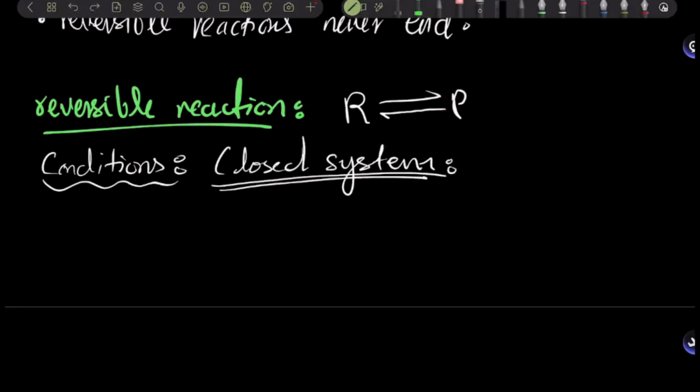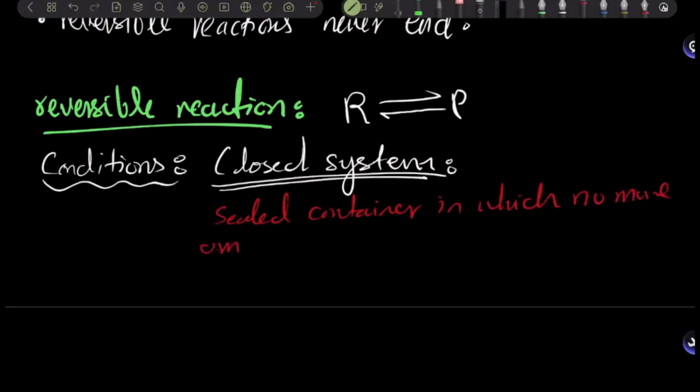But a closed system, you can call it a sealed container, in which no more amount of reactant or product can be added or removed.